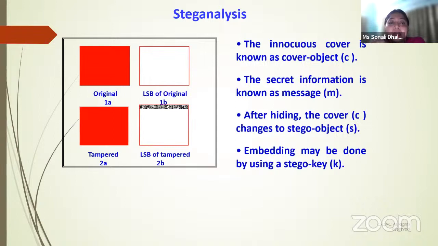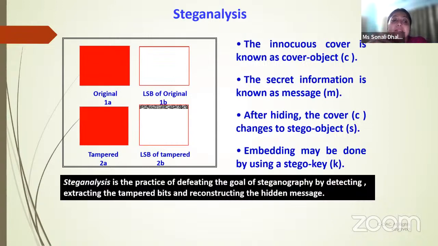This is 1B, and corresponding to 2A is 2B. For the original image, there is nothing hidden in the LSBs, but for 2B some information is hidden when I am projecting the LSBs. So unless there is deep analysis, one cannot detect whether anything is hidden in an image or a file or not. So deep analysis is required.